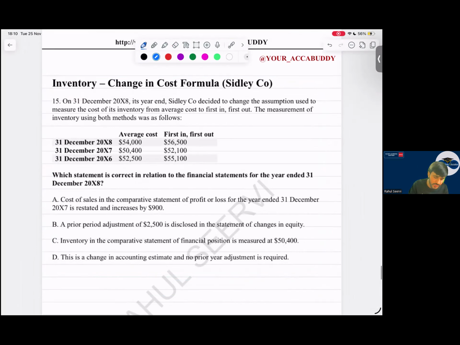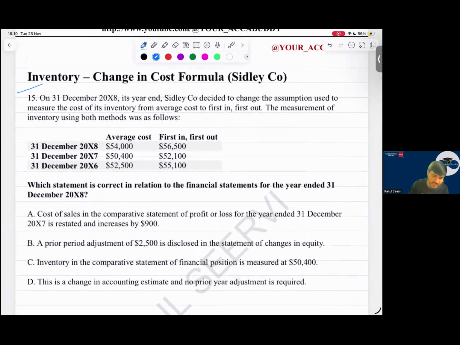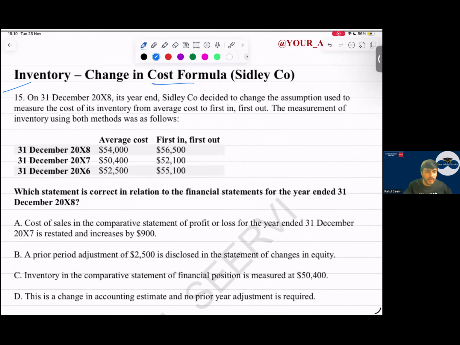Then coming to the last question of the section, this one, inventory change in cost formula. The question is regarding which one? What is the change? There is a change in the cost formula from FIFO to weighted average cost, etc. This is the question which we have done in the class.